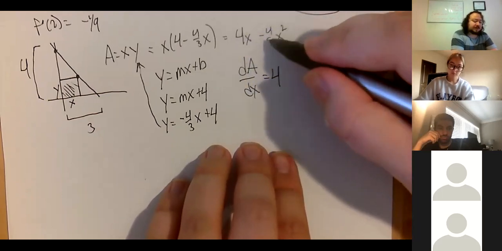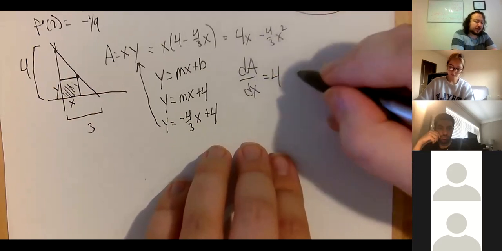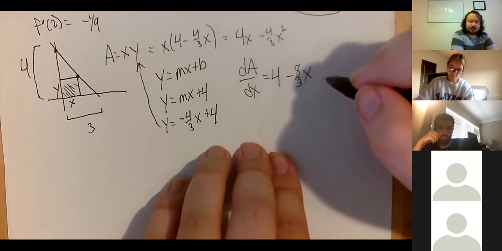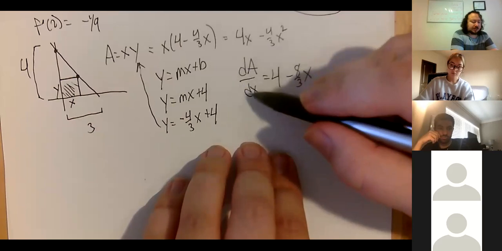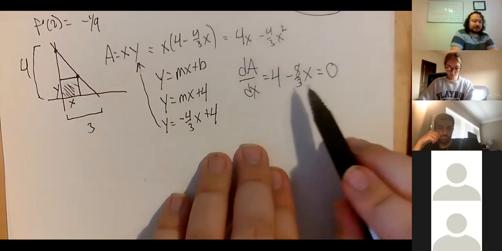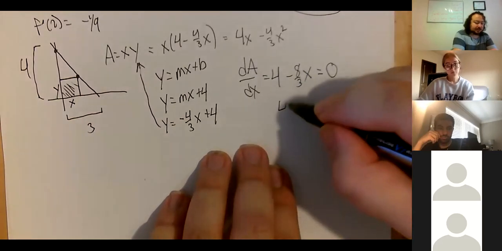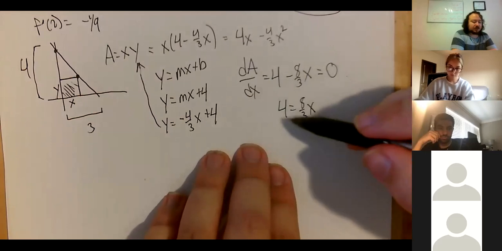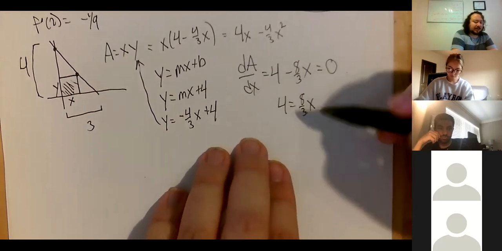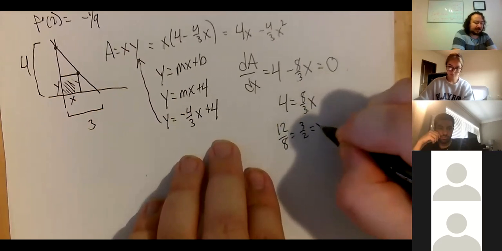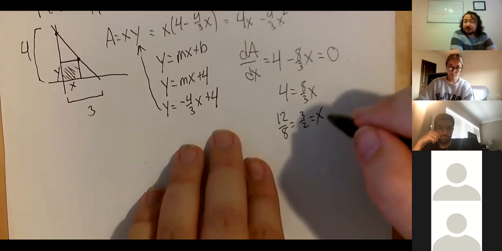And then the derivative of -4/3 x squared: we bring the 2 down, making it 8/3, and then we have x right there. All right, so we want to see where this equals 0. So we add the 8/3 x, and let's see, we can multiply by 3, divide by 8. So we have 12/8, which is also 3/2. And that's going to be our x here.